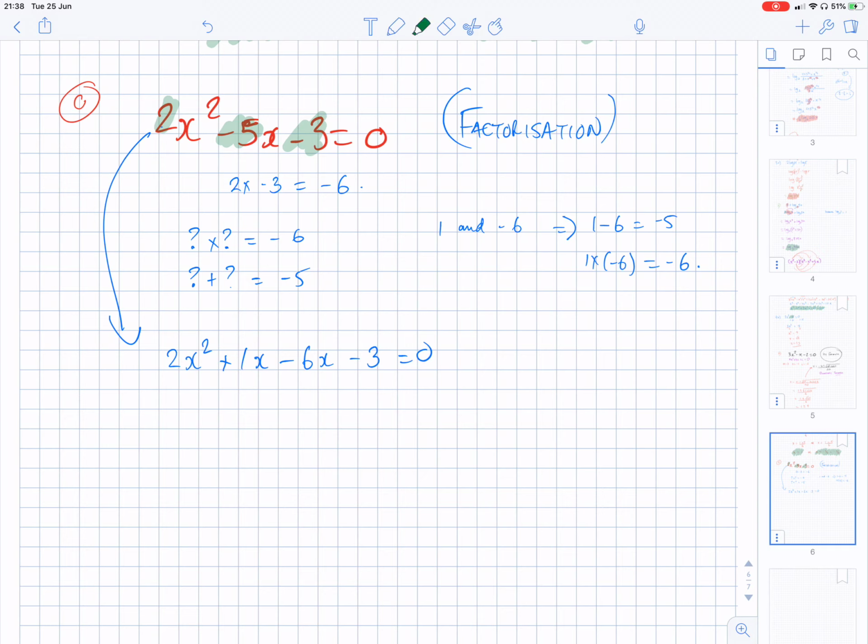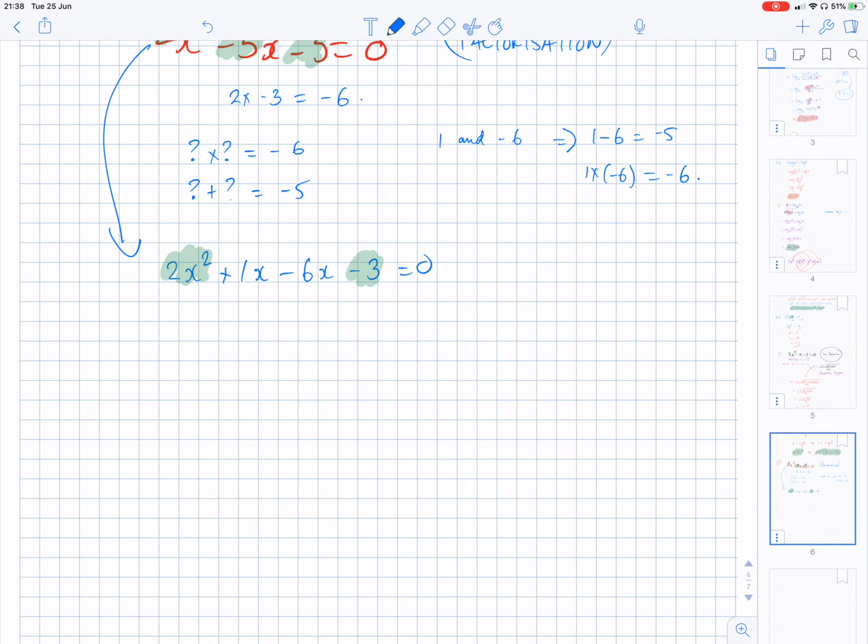So we've put back this minus 3, we've put back 2x squared, but in place of minus 5x, we've got 1x minus 6x, which is the same as minus 5x. So this becomes 2x squared plus x minus 6x minus 3 equals 0. Factorizing this part, we can take the x out, and that becomes 2x plus 1.